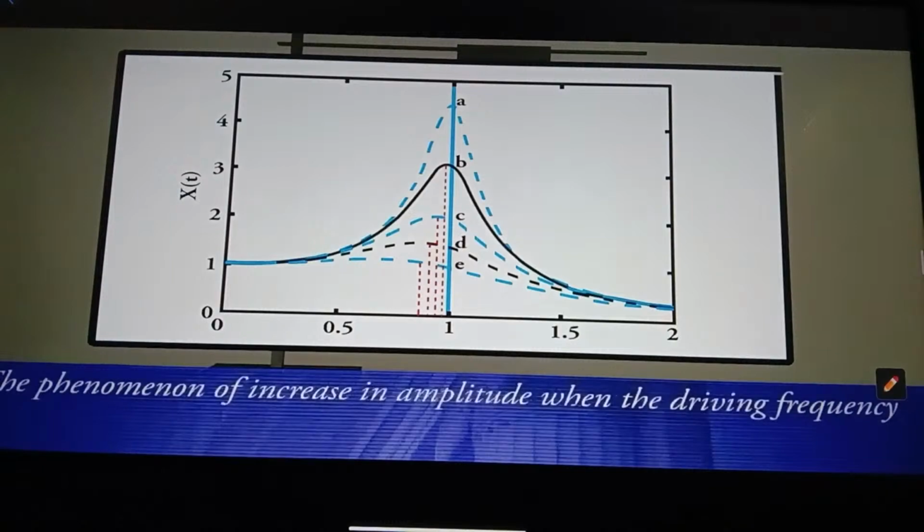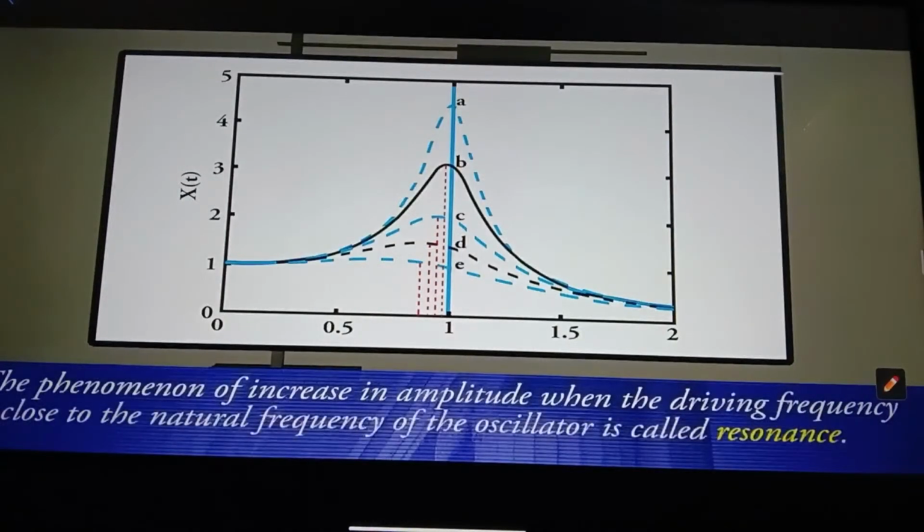The phenomenon of increase in amplitude when the driving frequency is close to the natural frequency of the oscillator is called resonance.